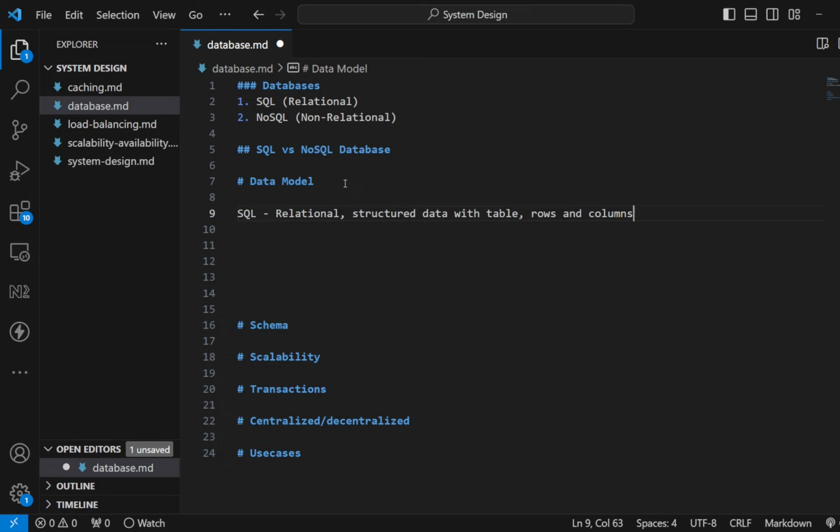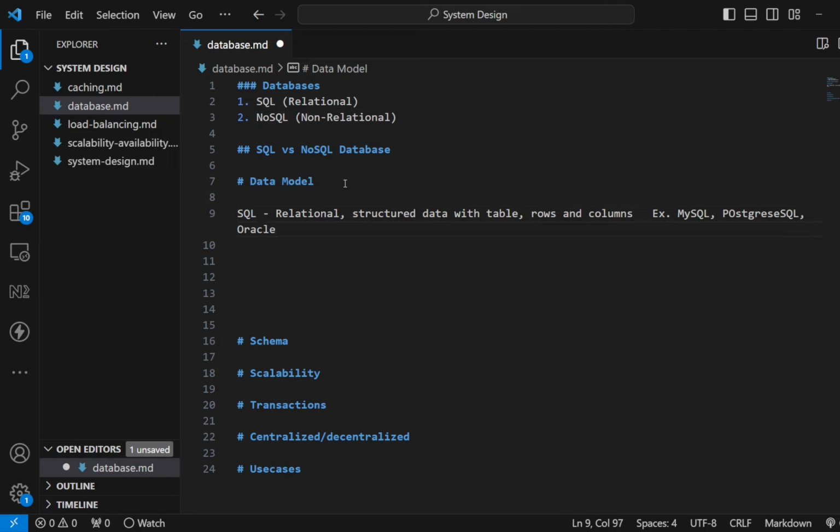Its examples are MySQL, PostgreSQL, Oracle, that is also a SQL.